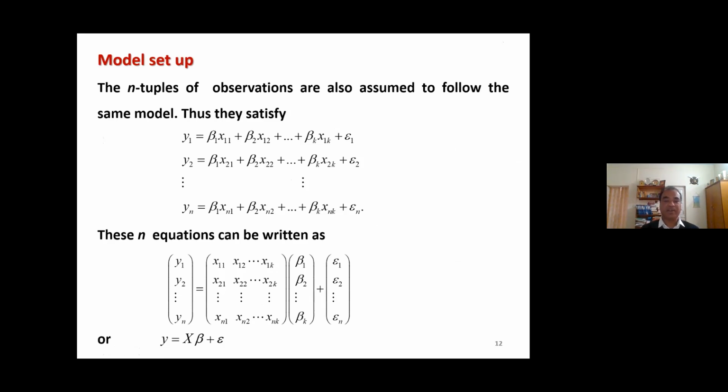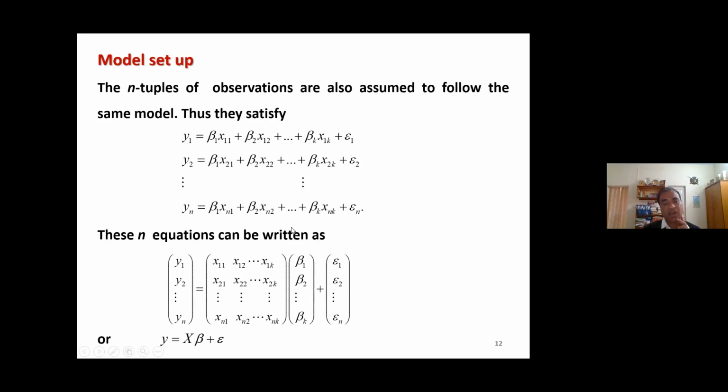similarly, we can assume here also that when we have these observations on k independent variables and the observation on y, all these observations also satisfy the linear equation, the multiple linear regression model. So this is what I have written here, y1, y2, yn in the format of the model.